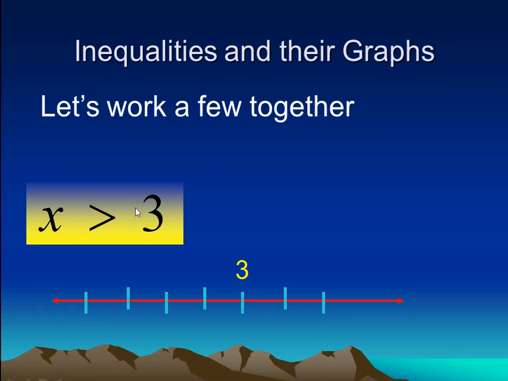This inequality tells you that all of the values on this line are more than 3. So I'm looking for values that I will graph on the x-axis, that must be more than 3. How can I graph this inequality?